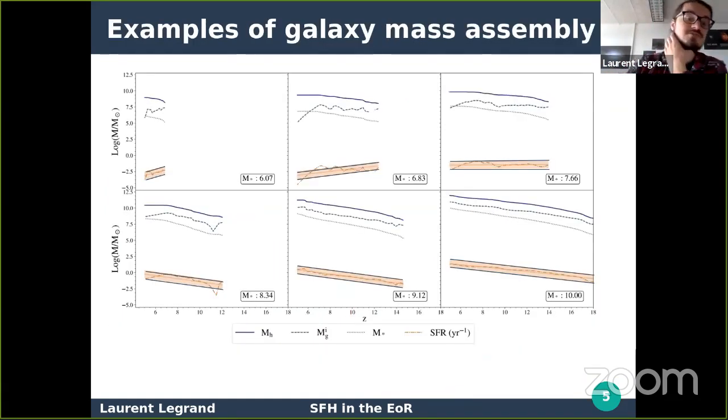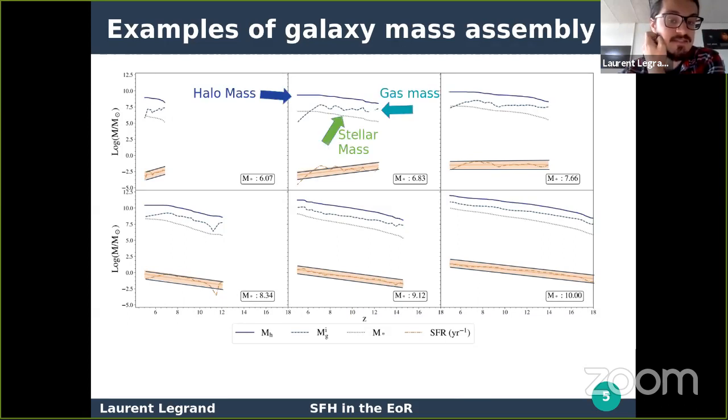So now, as a first quick result, I show the halo mass, gas mass, stellar mass, and star formation rate of galaxies of increasing stellar masses. And we can see that for the star formation rate as a function of redshift, so the star formation history, the slope increases with stellar mass already, as I will show later as well. But here, what I want you to look at is the stochasticity. We can see that for the low mass galaxies, the star formation history is very stochastic.